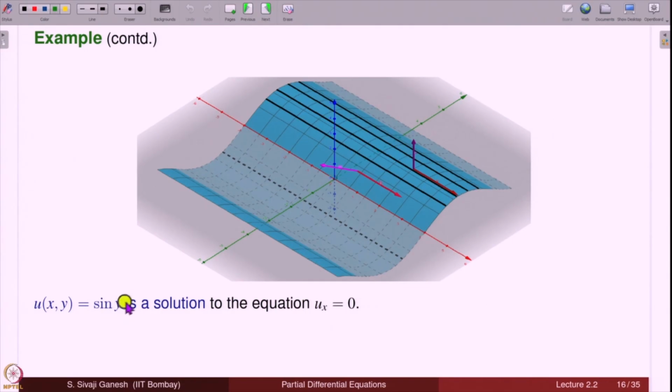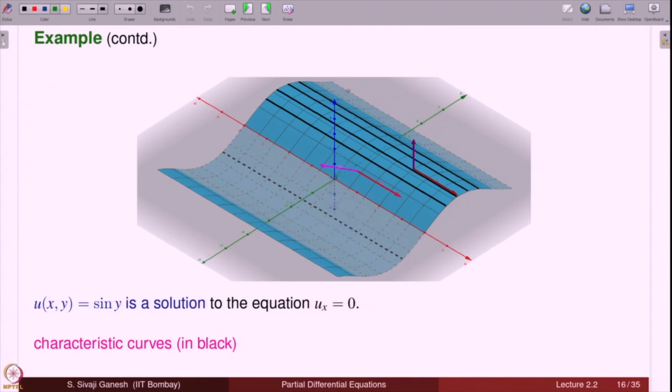Now, this is a graph, the sine is going like that, you can see the sine curve. In this picture, red is always the x axis, green is the y axis, blue is the z axis.